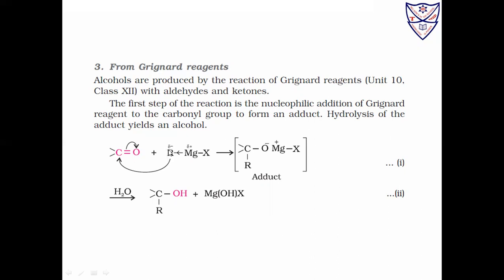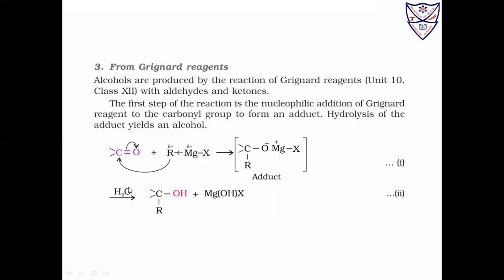So the negative R is attracted to the carbon and the magnesium is attached to the oxygen. In the primary reaction it comes like this: R is attached to the carbon, and Mg is attached to the oxygen. So it forms this way.